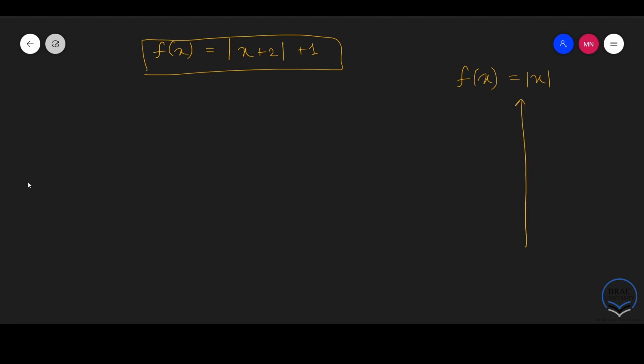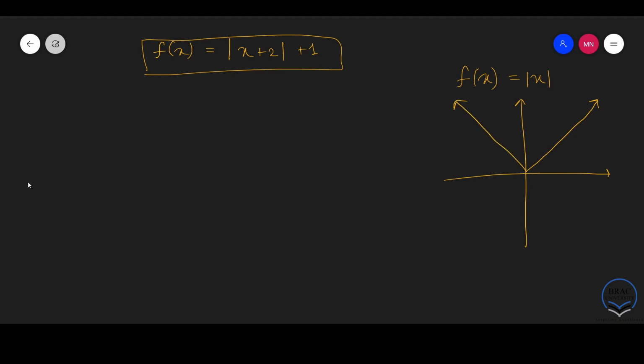Okay, so now let's take a look at another function. So we now have an absolute value function. Let's say we have f of x is equal to the absolute value of x plus 2 plus 1. Right, so once again, we have previously taken a look at the graph of an absolute value function such as this, and we know that the graph of this function will look something like this.